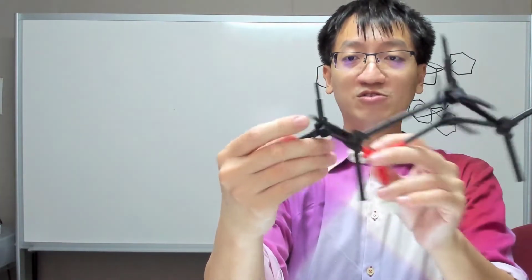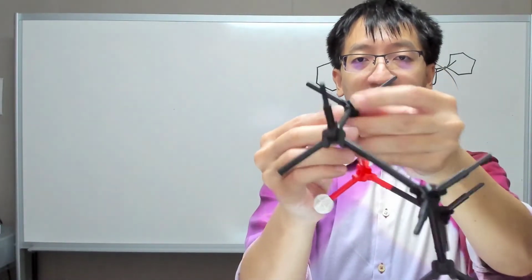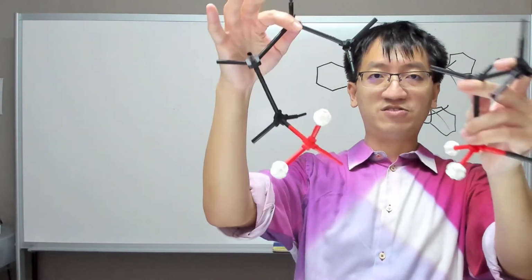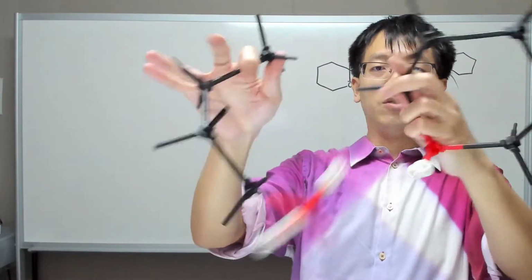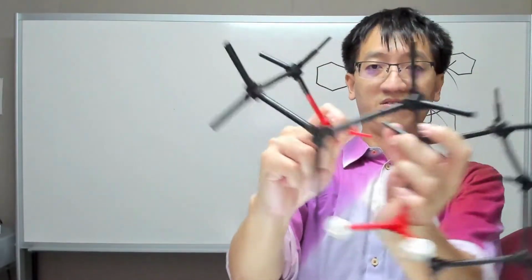What I'm going to do here is create the spiro compound. I'm going to use this carbon to connect the other ring up. I already made one halfway through, so that's easier for me to connect. So it will look like this. I'm just going to put this up here like this, and then I'm going to showcase it.